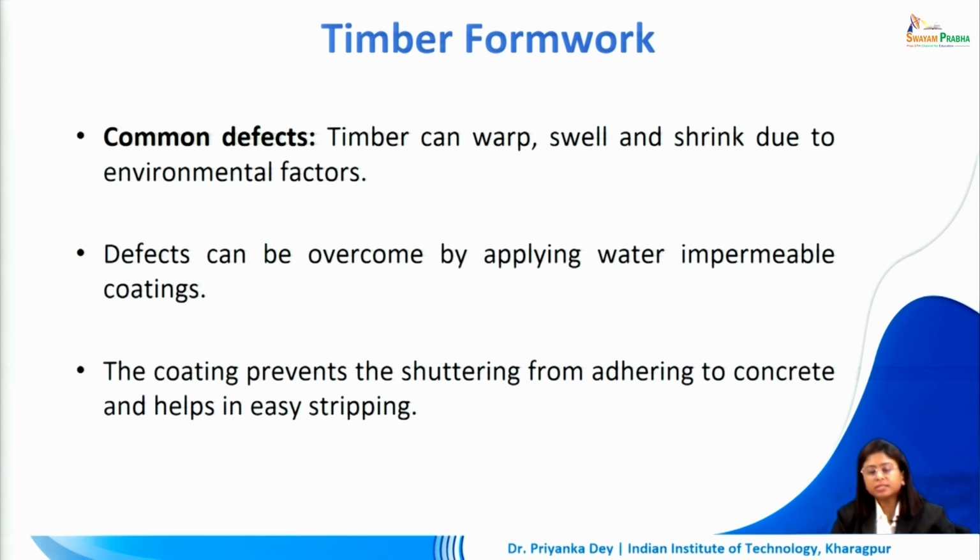You might have noticed in construction sites many a times plastic sheets are also used as a layer in between this formwork and the cement that is being poured into this formwork. This allows us an easy stripping away of the timber planks after the concrete has set. Of course, then we will also have to peel off the plastic sheets when they are no longer required, because they will be adhering to the side of the concrete.